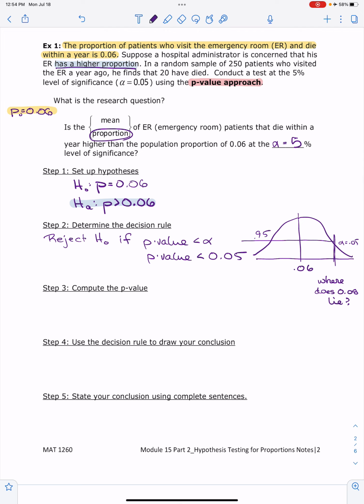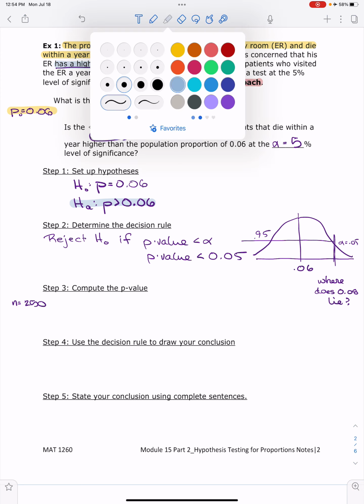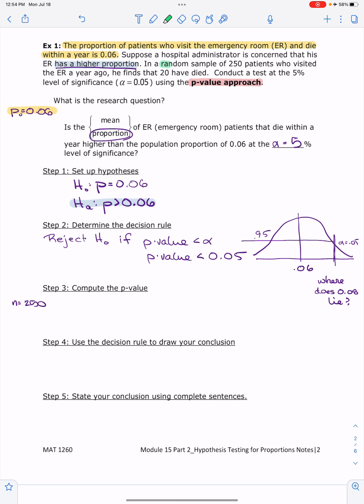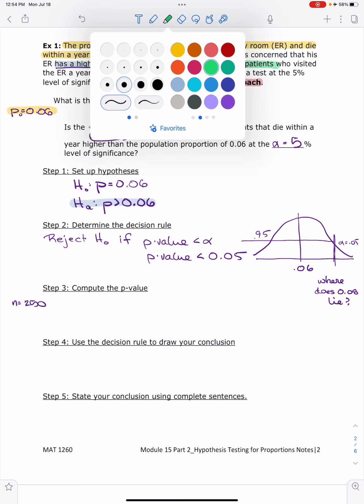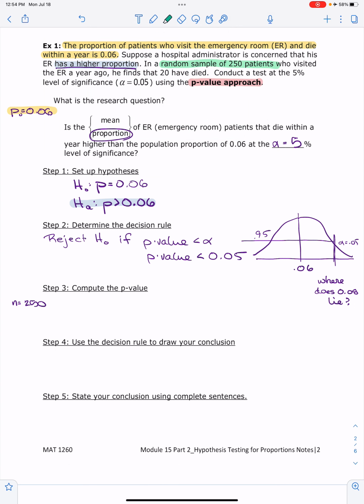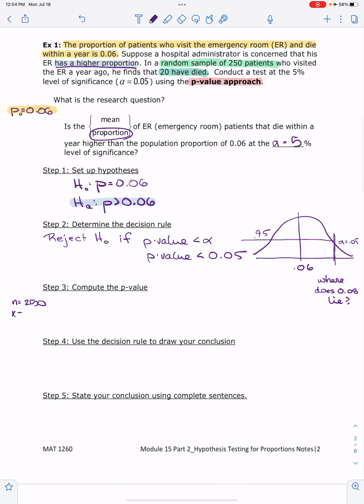We have a random sample of 250, and in that, we have 20 that have died. So my sample proportion is 20 over 250, which is where I got the 0.08. I apologize for going out of order.